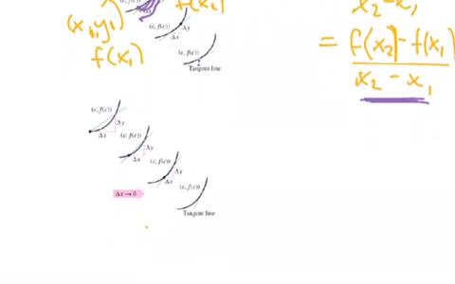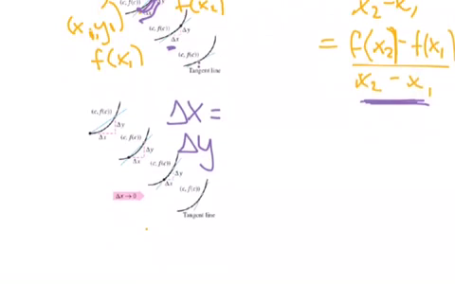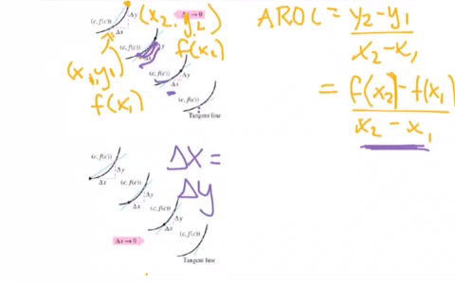So instead of x1 and x2, let's consider the values, and they have the notation up here in the picture. Delta x being change in x, and delta y being change in y, but we're simply going to use our f of c, f of x, doesn't matter what value.